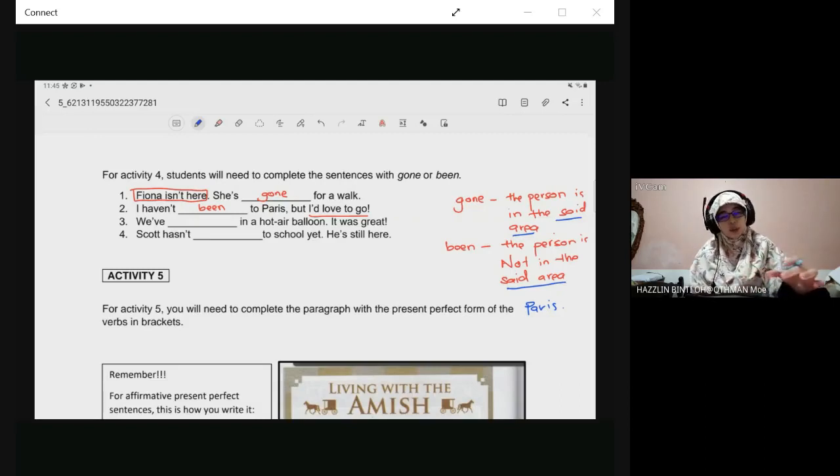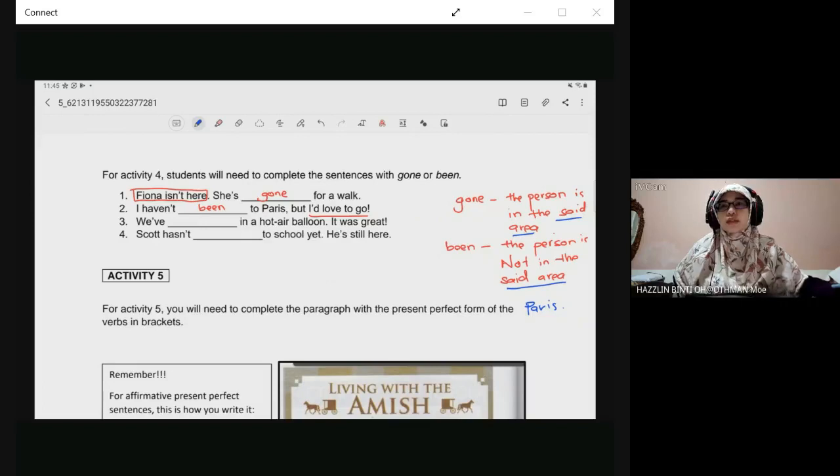We've been in a hot air balloon. It was great. Now, is the person in the hot air balloon or is the person not in the hot air balloon? I want somebody to answer. Not. Who was that? Vivian?